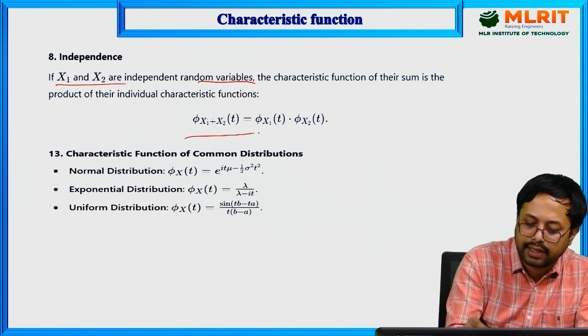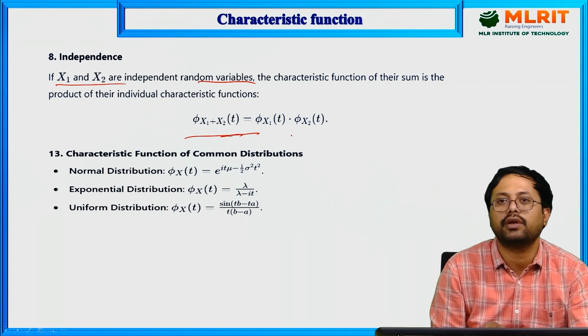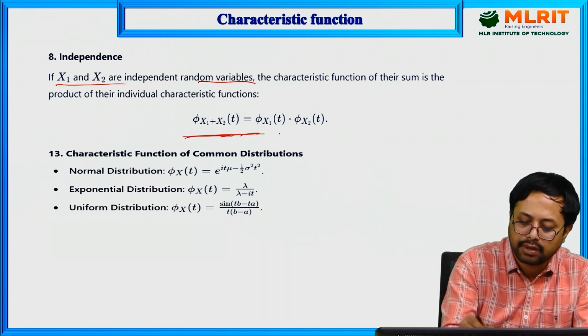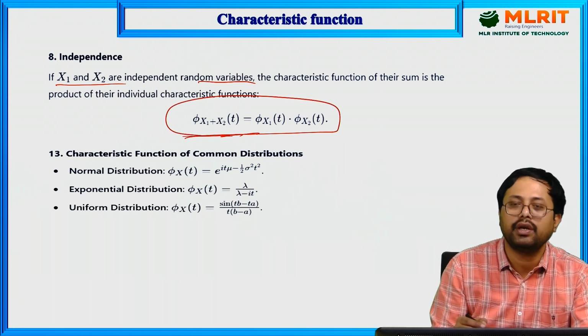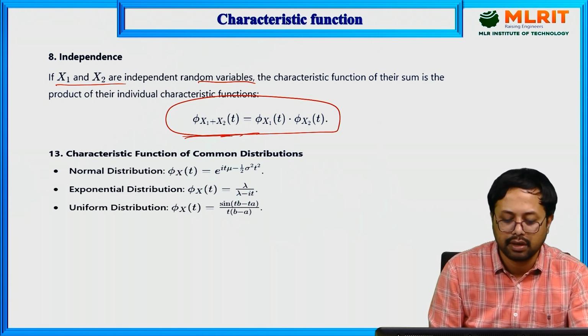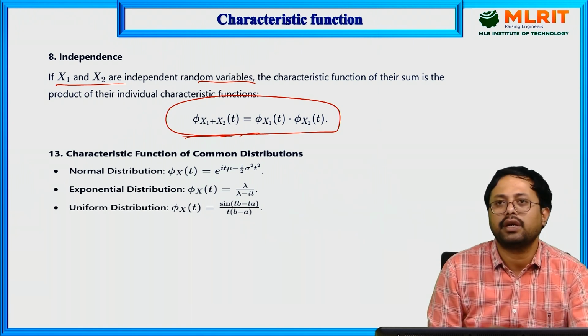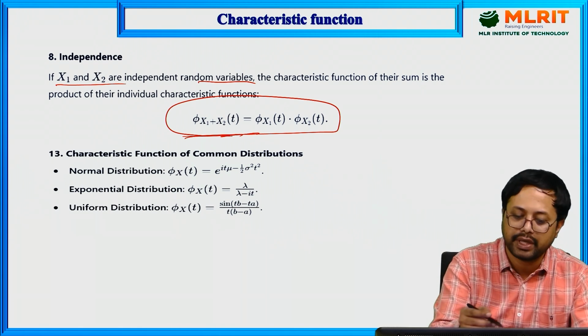Then you can check the relation phi_(X1+X2)(t) equal to phi_X1(t) times phi_X2(t). If the relation is satisfied, then for the given independent random variables the characteristic function property also holds. This is another type of problem that can be asked.